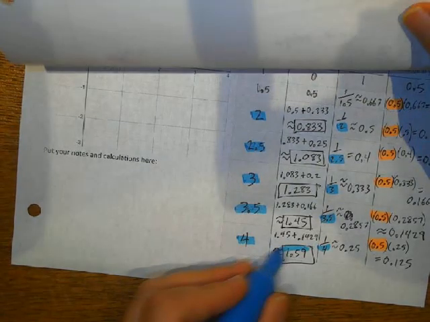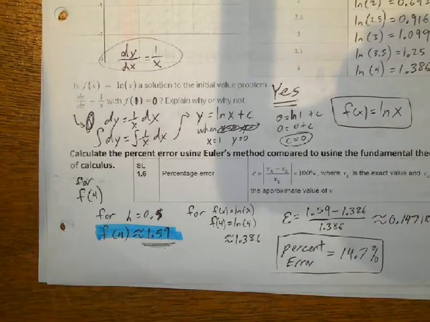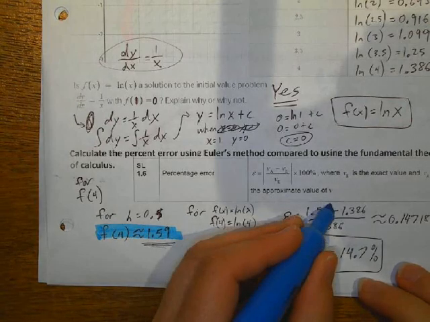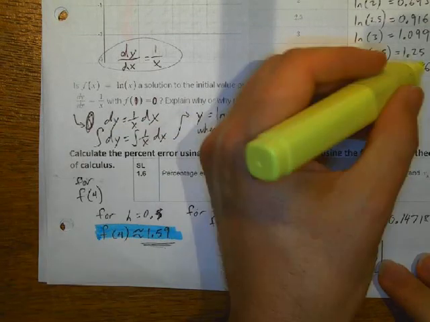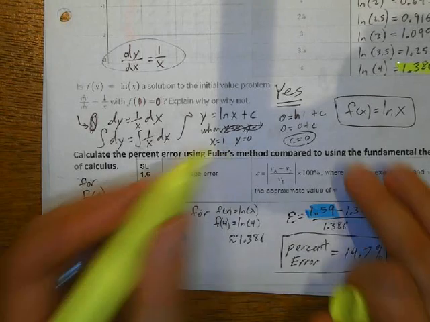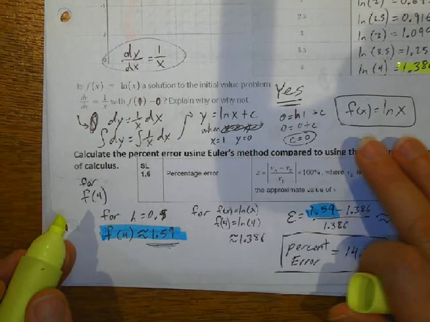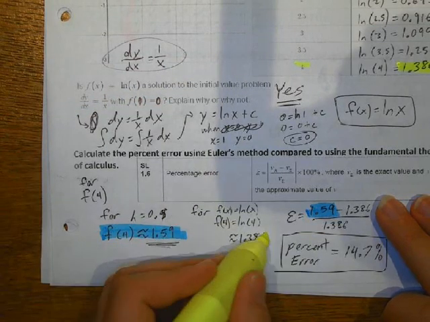I should have used a different color. Oh well. When we do the fundamental theorem of calculus, when we took the differential equation and found our value at 4, we know that the answer is 1.38.